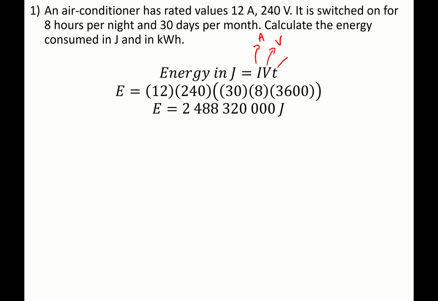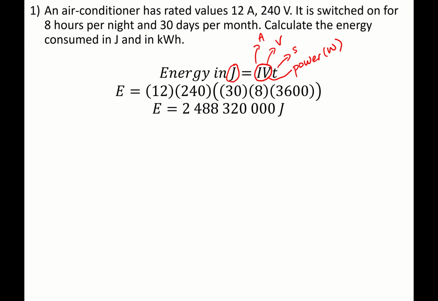And T is your time, and the SI unit is seconds. Now, as derived earlier, IV is power, and the SI unit for power is watts. So essentially, you're taking power in watts times time in seconds, and that's how you get energy in joules.